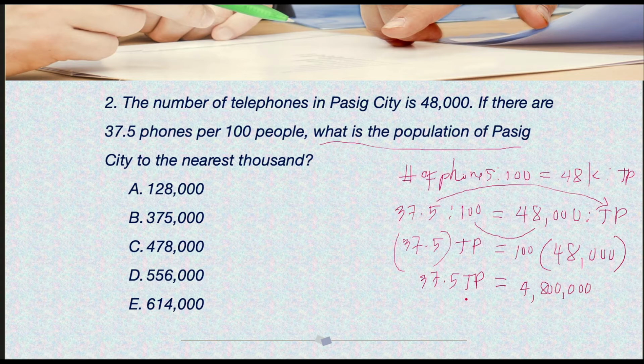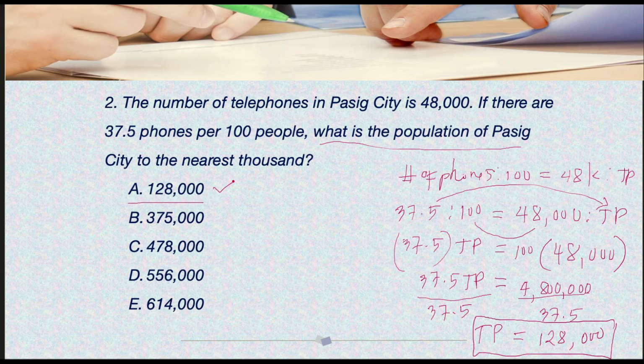Use your calculator, and we find the total population by dividing both sides by 37.5. The total population is 4,800,000 divided by 37.5, which is 128,000. This is the total population of Pasig City, and that is letter A in the given choices.